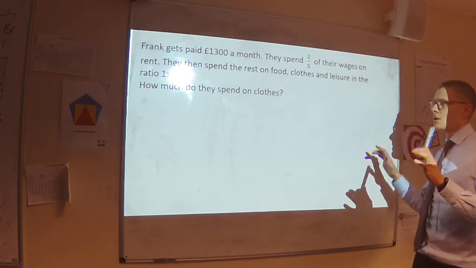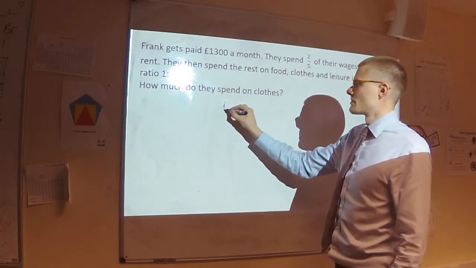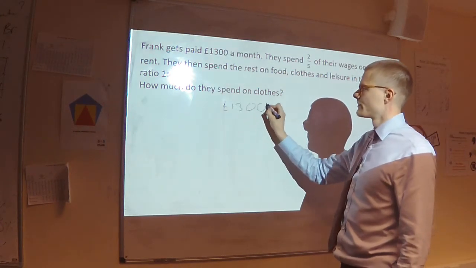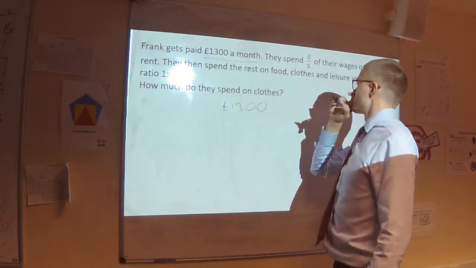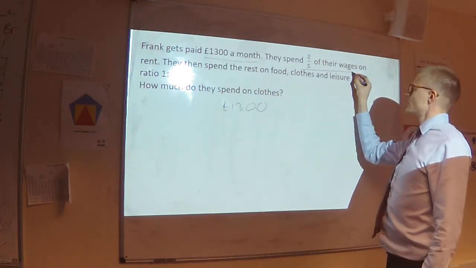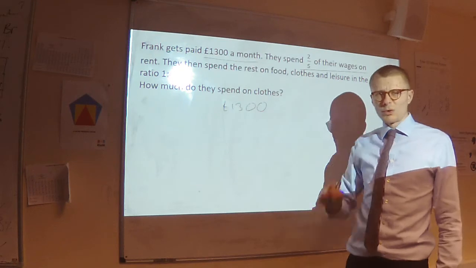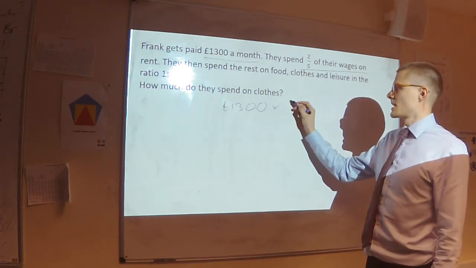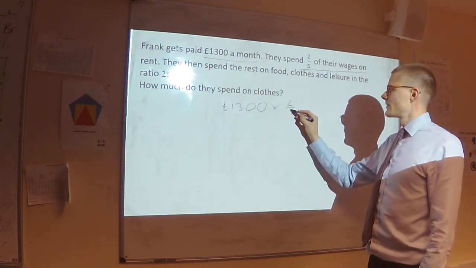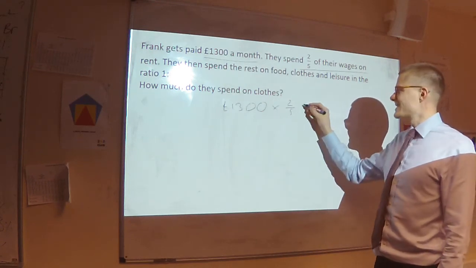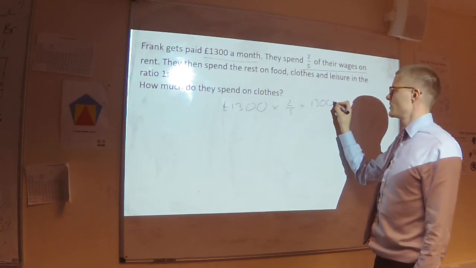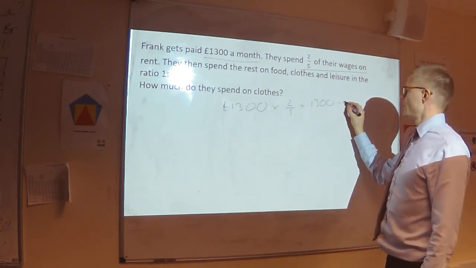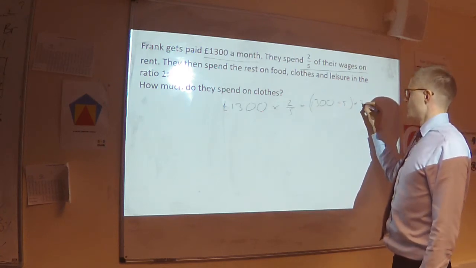Okay, first off I've got £1,300 a month. That's my total. I'm told they spend 2/5 of their wages on rent. So I want to find out how much that is. I need to multiply this by 2/5. That is the same as 1,300 divided by 5 times 2.